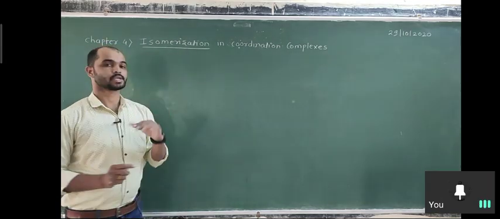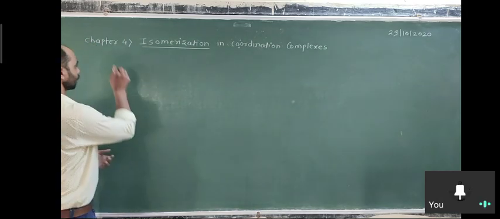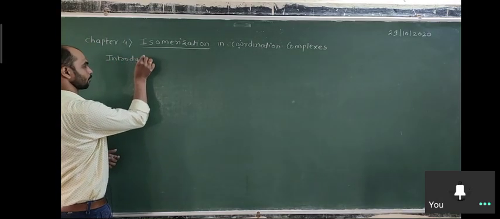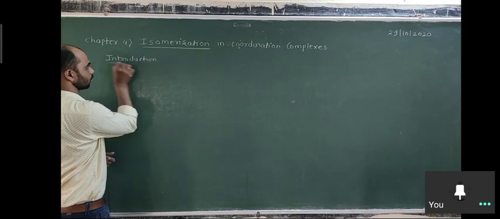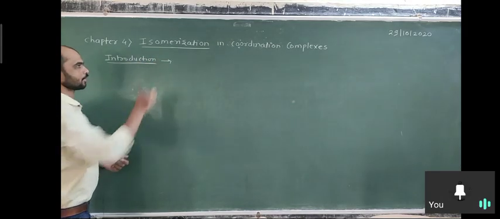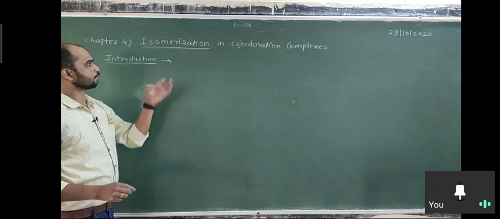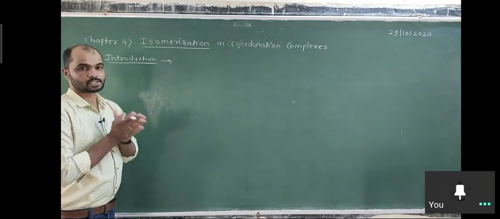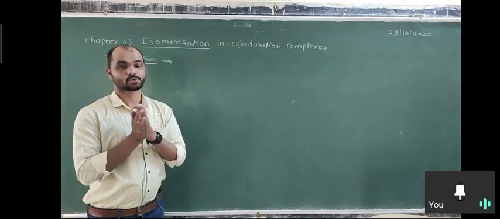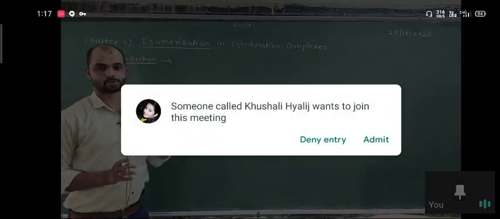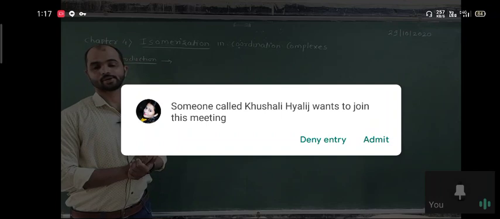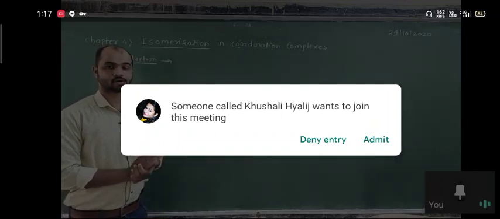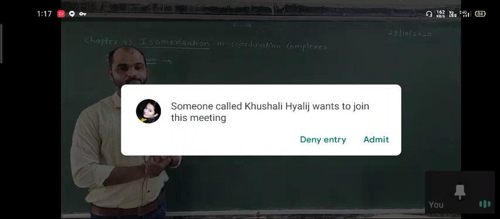So basically, what is isomerism? In the introductory part, what is the meaning of isomerism? Iso means same, and isomerism means two compounds or two complexes have the same molecular formula but a different arrangement of ligands in the coordination sphere or outside of the coordination sphere.